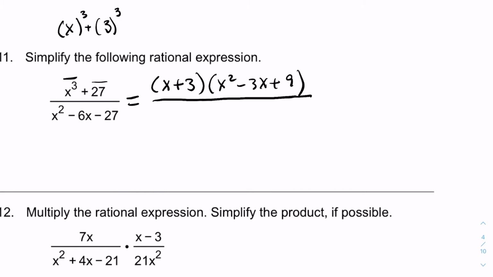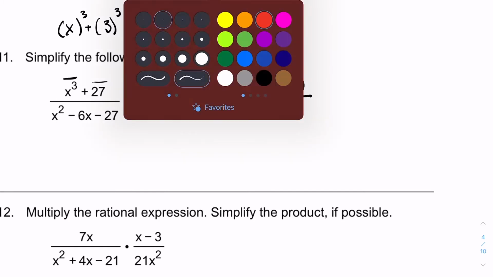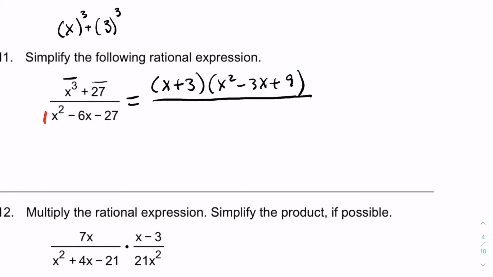Then the denominator, luckily, is considered an easier factoring problem, right? And so we're just looking for two numbers that would multiply to negative 27 and add to negative 6. How about negative 9 times 3?